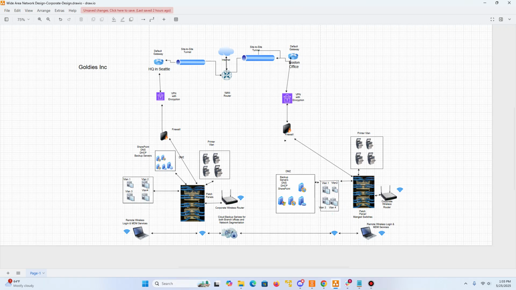Each department in the VLAN will make their documents or whatever pertinent information they need to create. It will be stored on their network drive and backed up to a backup server within the demilitarized zone.